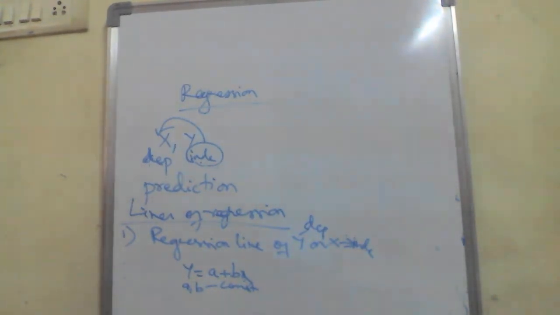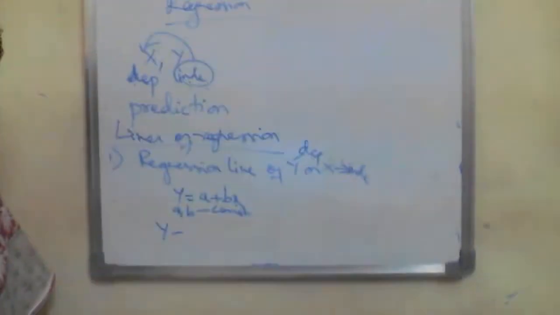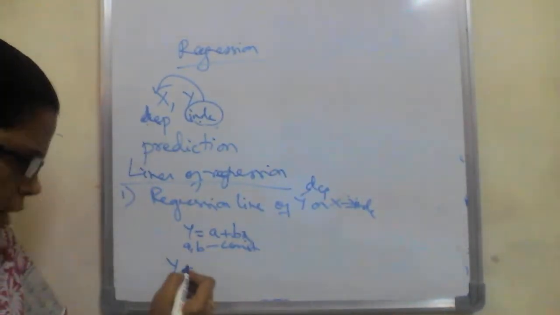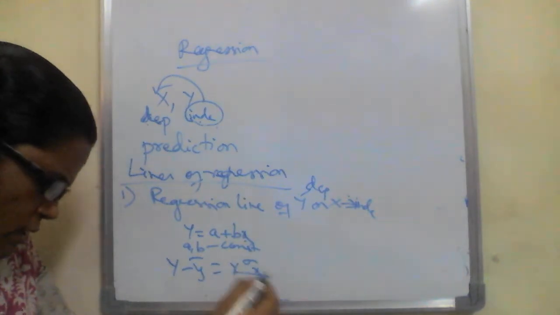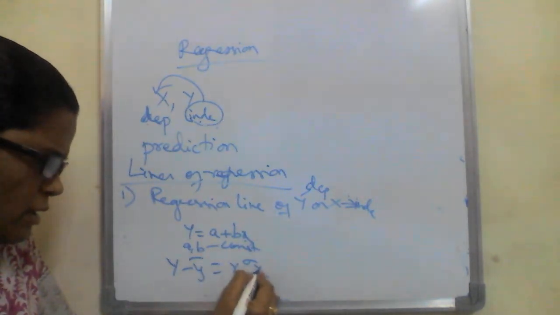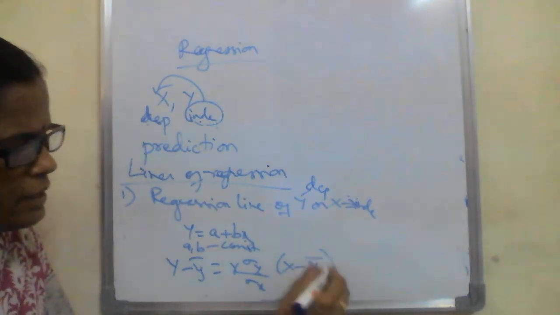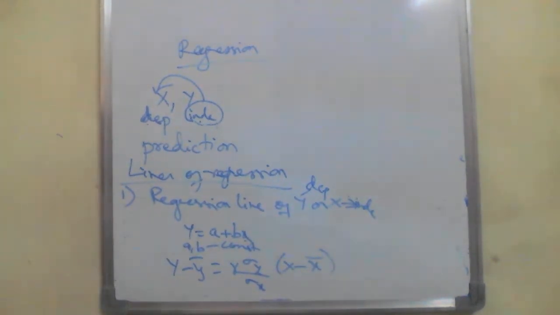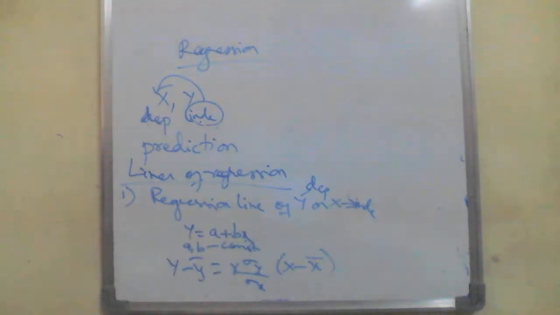The formula for y on x is y minus y bar equals r sigma y by sigma x into x minus x bar. This is the formula to find the regression line of y on x.